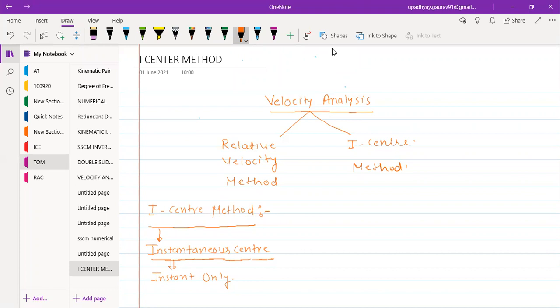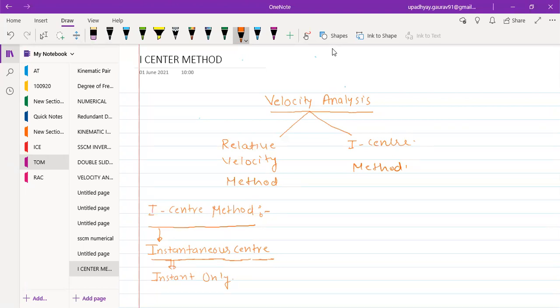So this center is valid for the given instant only. If I am calculating the velocity at t equals 2 seconds, then it is valid for t equals 2 seconds only. If the time progresses, say it becomes t equals 5 seconds, then this analysis has lapsed, and again we have to follow all the procedure which has been followed earlier for t equals 2 seconds.